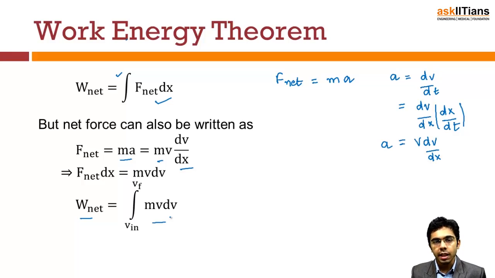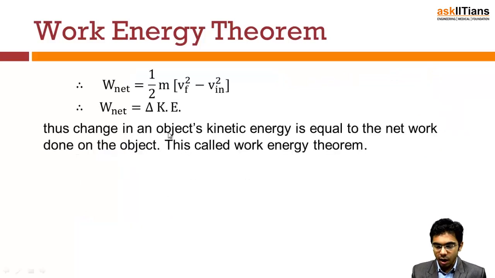The result is work done net is equal to half m times v final squared minus v initial squared. That means work done net is equal to change in kinetic energy. This is the conclusion of the work energy theorem.